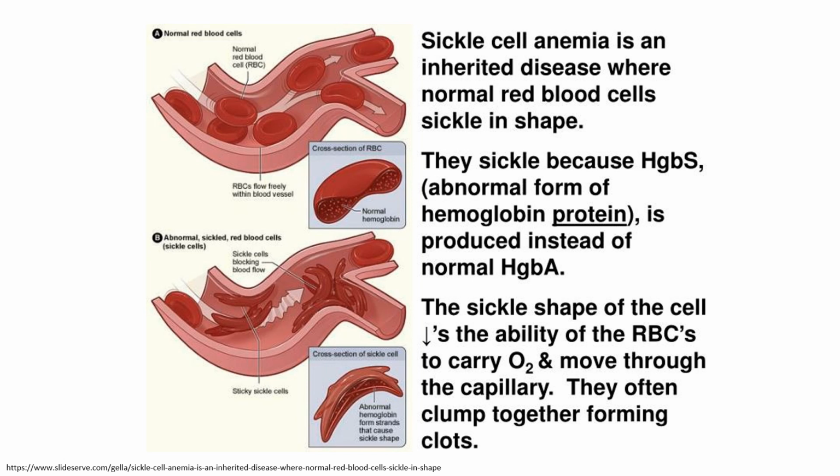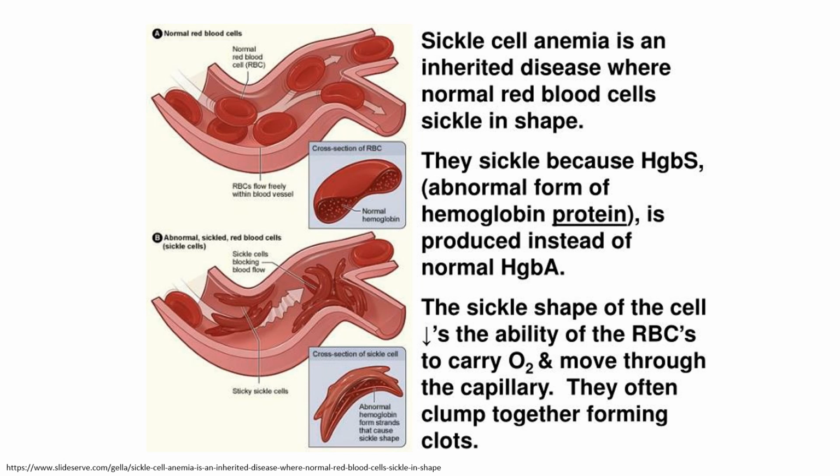Spherocytosis meaning that the erythrocytes become spherical. Sickle cell anemia meaning that they start to take on a sickle-like shape. So sickle cell anemia is an inherited disorder where the normal red blood cells become sickle in shape. They look like sickles.